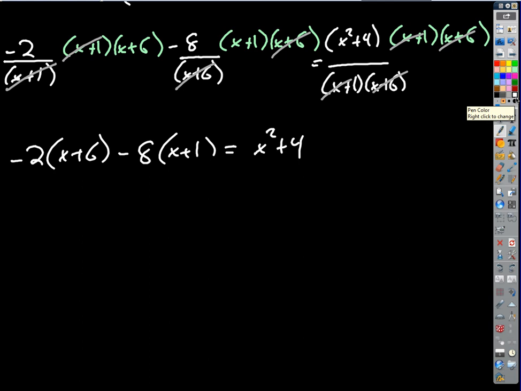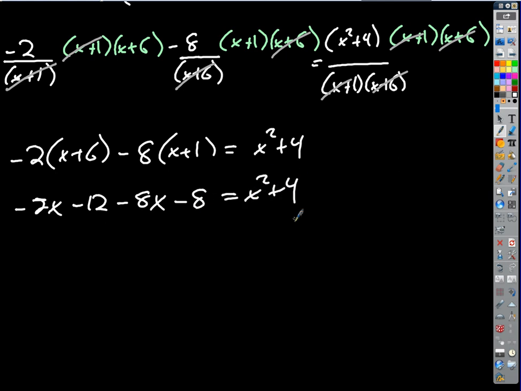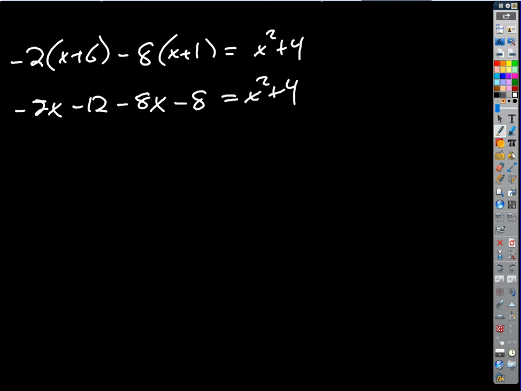If I distribute the -2, I get -2x minus 12, distribute the -8, -8x minus 8 equals x squared plus 4. Let's push everything to the right, so we get positive x squared. And what do we get? x squared, so if I'm going to add 10x to this side, plus 10x, here I've got a -20, I have to add to this side.